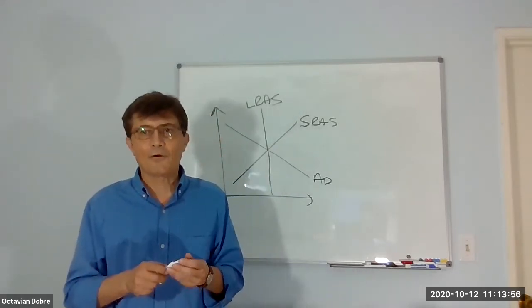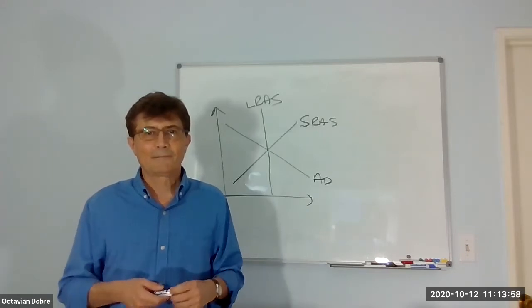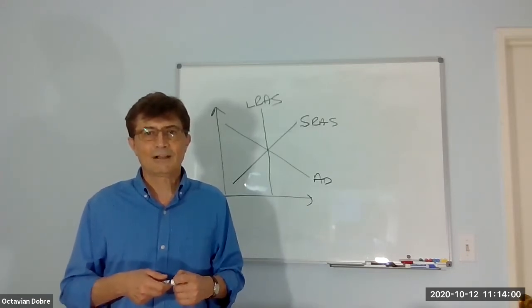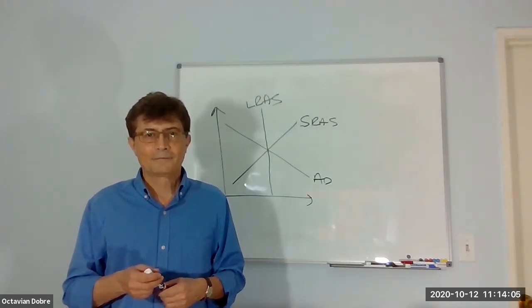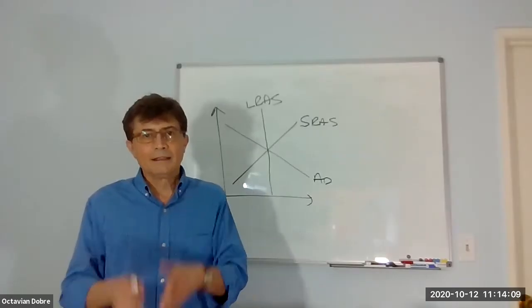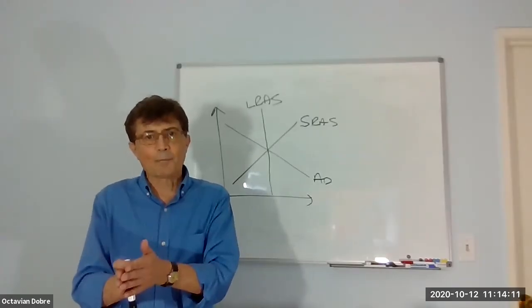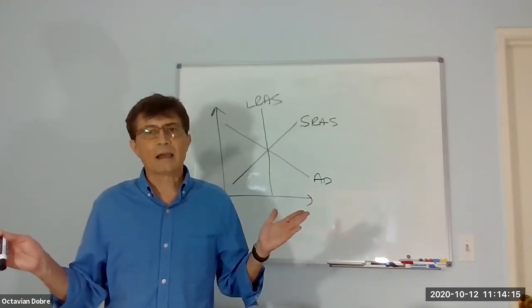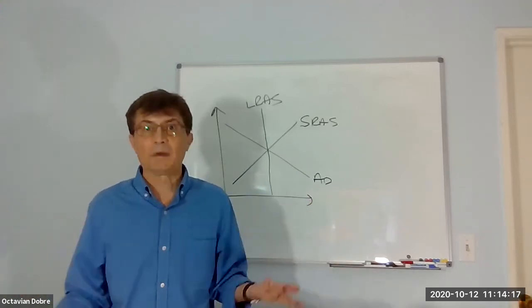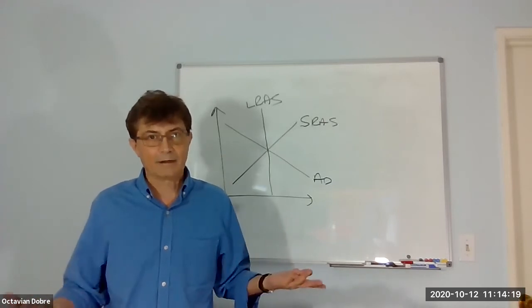Not a rhetorical question, folks. Just yell out the answer. Just right. Yeah, it's just right. The economy is operating at full employment. There's nothing that can be done, nothing that should be done by anybody.